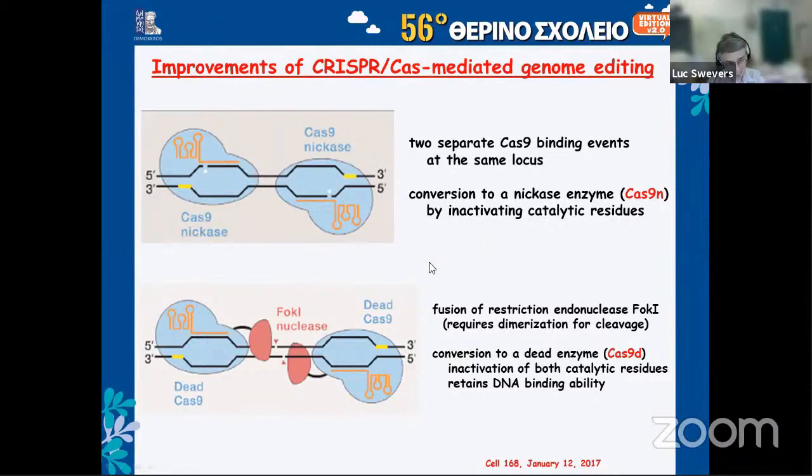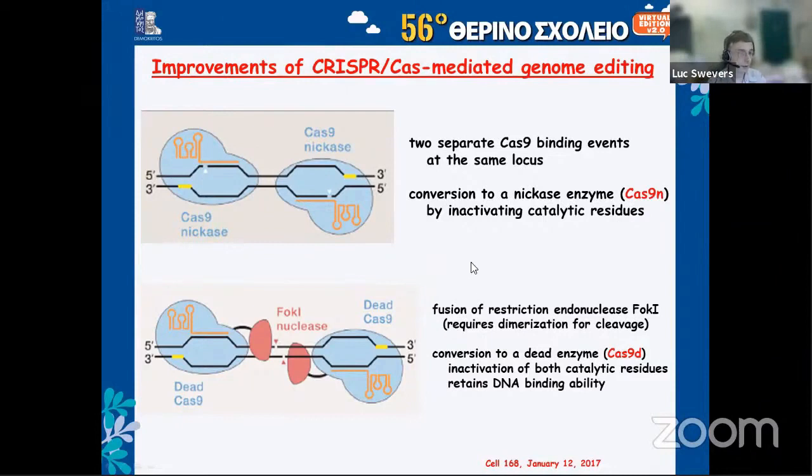The other CRISPR system is recruited to the lower strand and causes another single-stranded break in the vicinity. So it speaks for itself that in that case, the specificity of recruitment of the CRISPR-Cas9 system to cause a double-stranded DNA break is greatly improved.